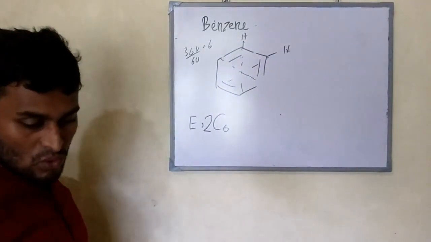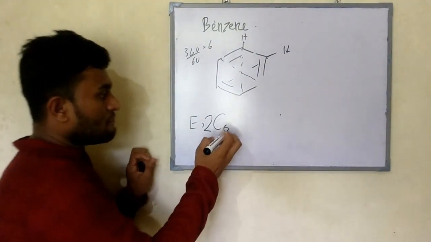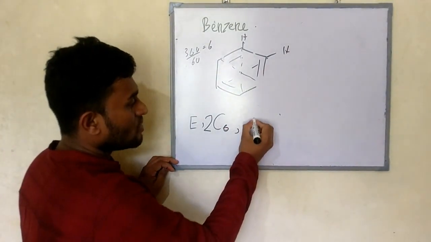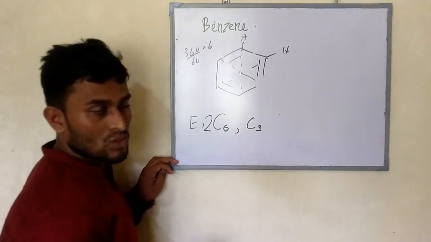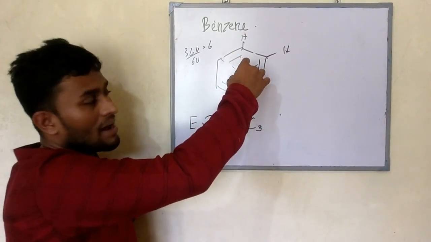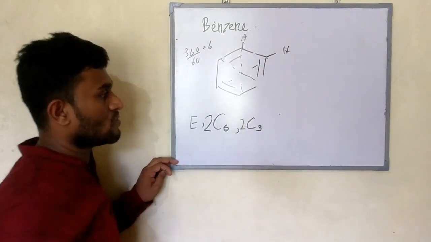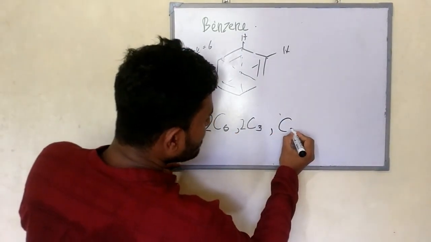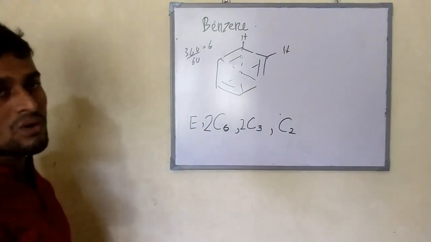So this is through the middle. If you have C6 through the middle, definitely you have C3 through the middle. Here you can rotate the molecule by 120 degrees also. If you have C6, definitely you have C2 also there.